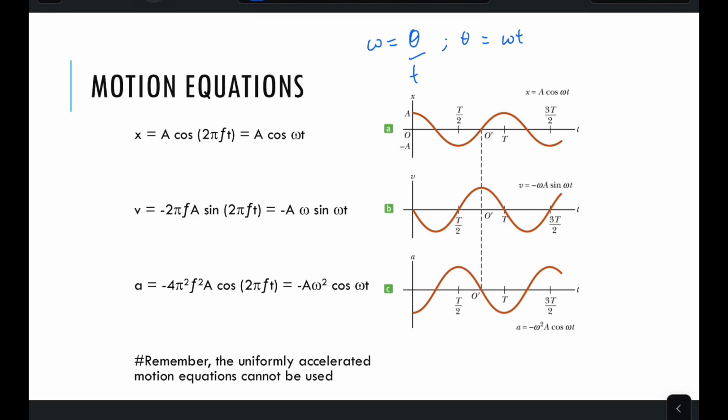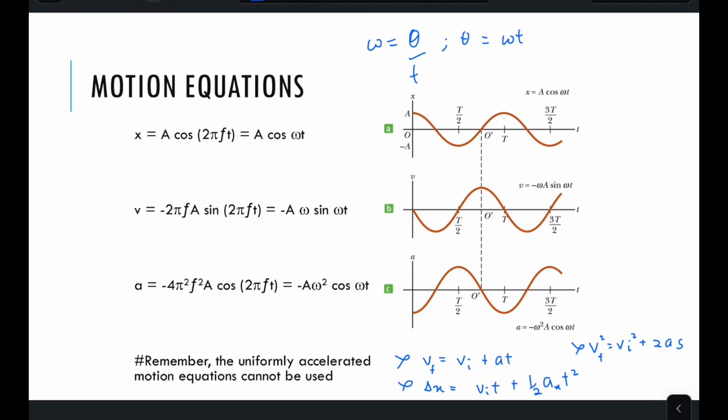Where we have v equivalent to v initial plus at, and delta x equivalent to v initial t plus half a t squared. So all these equations, v final squared equivalent to v initial squared plus 2a s, or delta x or delta y, cannot be used here.